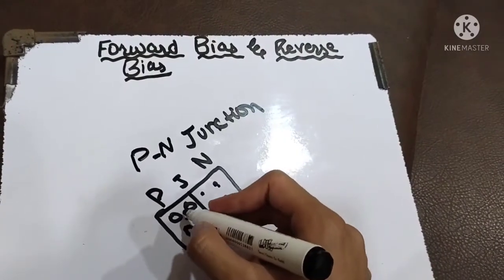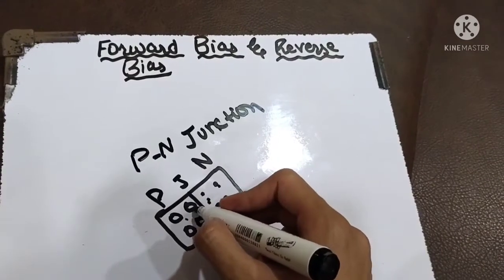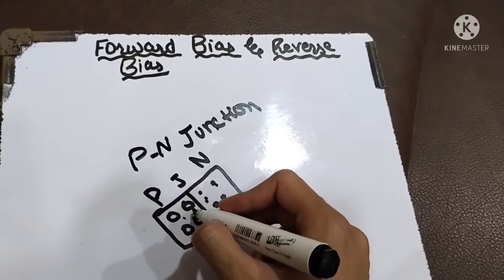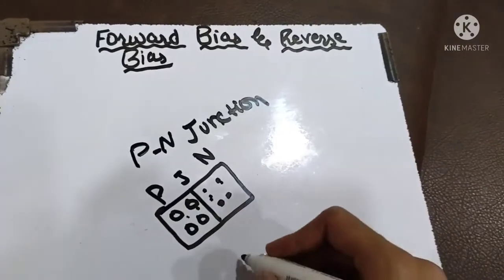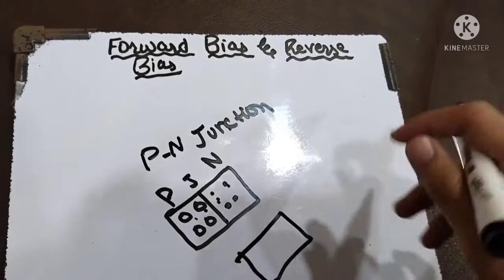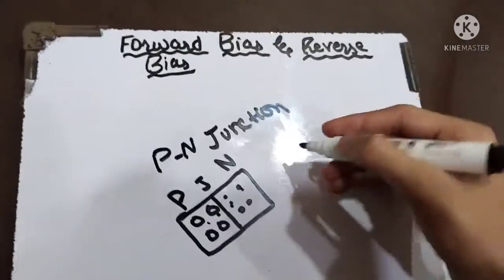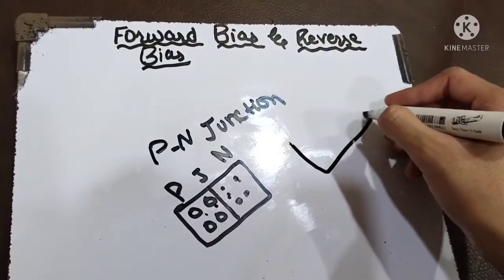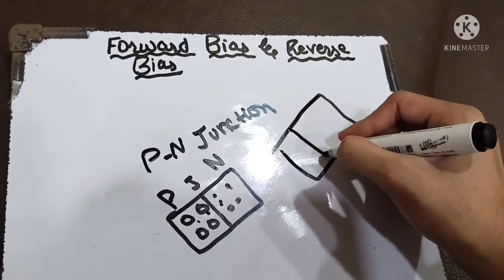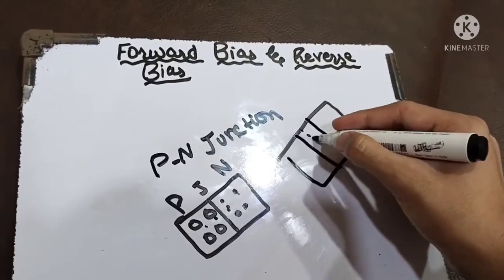So the electrons of this area will jump into the p-type substance to fill the holes. So the depletion layer is formed, as we can see here.